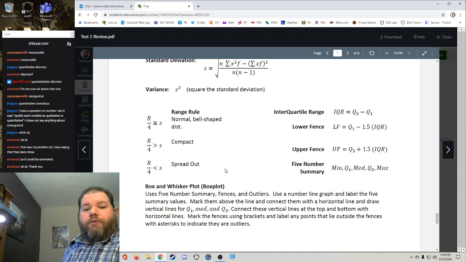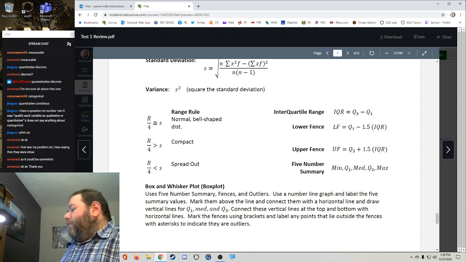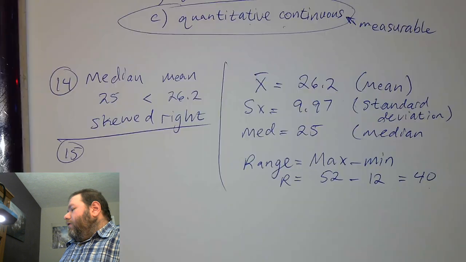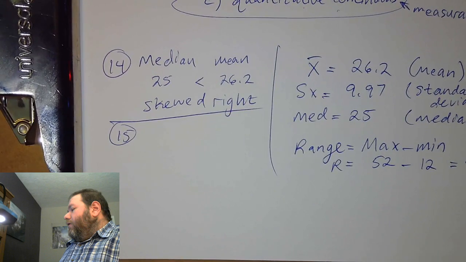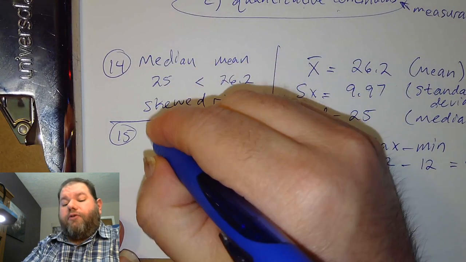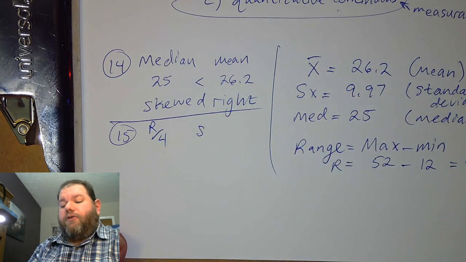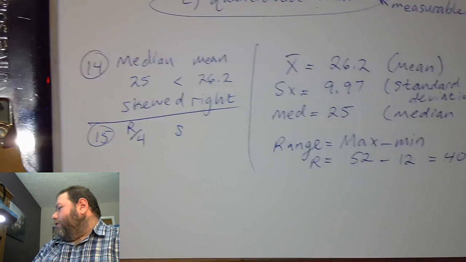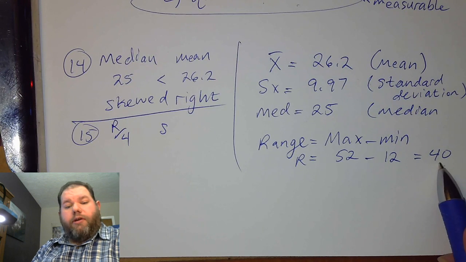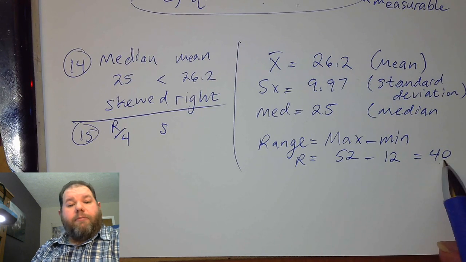And our support is that comparison between the numbers. In this case, with 15, we want to take the range divided by 4 and compare that to the standard deviation. Now our range, we calculated as 40, so if we divide that by 4, then our range divided by 4 is just 10.